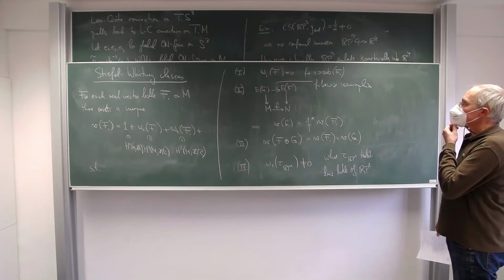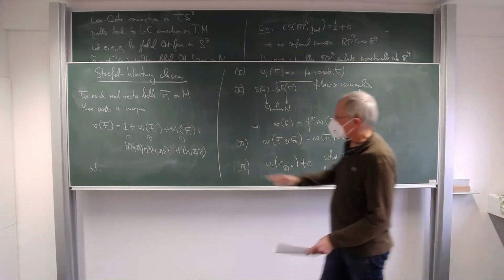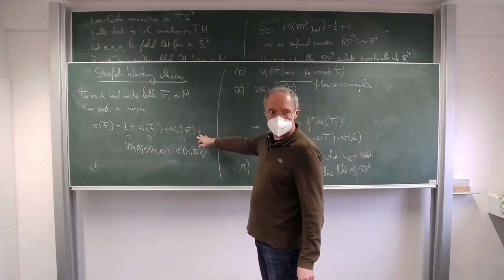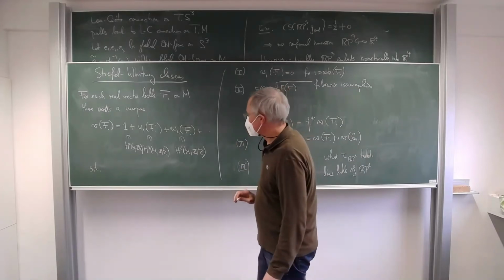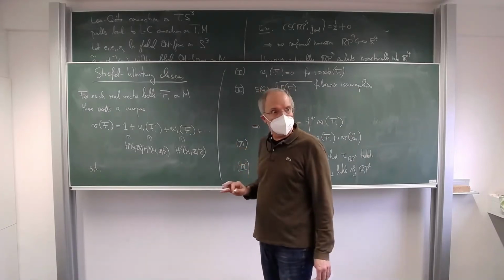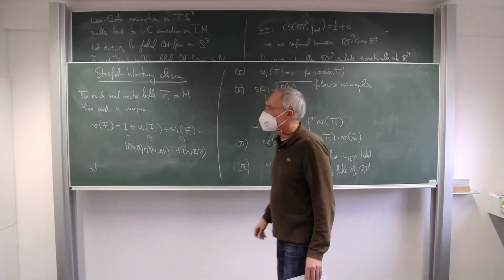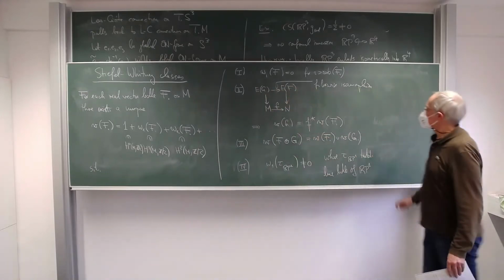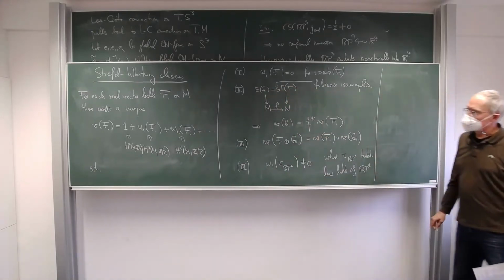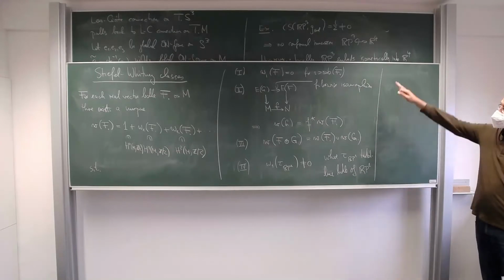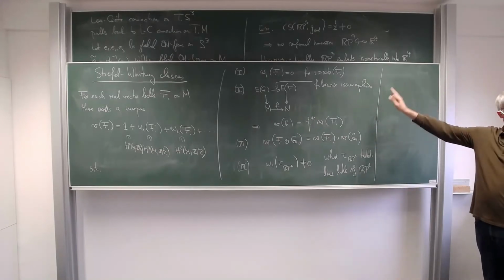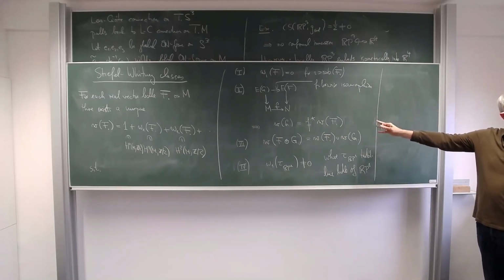Alright, so these are the conditions, and classes satisfying these conditions exist, and they are uniquely determined by these conditions. You see this is in complete analogy to the theory of Chern classes for complex vector bundles.